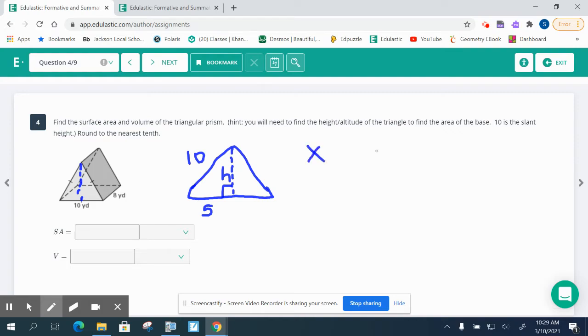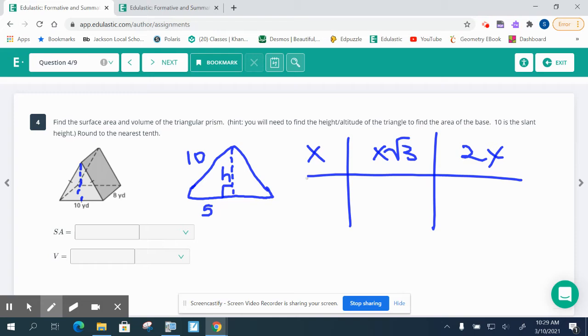So this would be x square root 3, and 2x, because notice that this would be 30, and that would be 60. And then the 5 would be x, and 2 times x would be the 10, and therefore the height of this triangle is 5 square root 3.